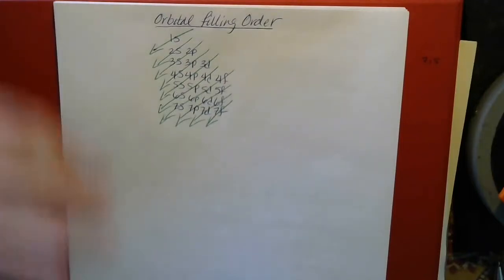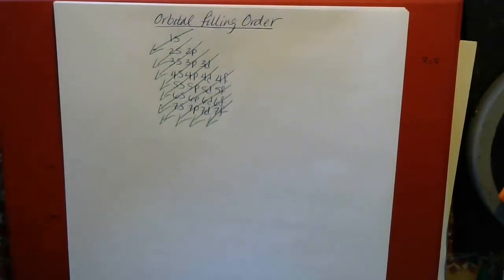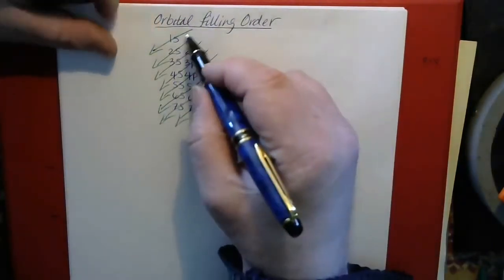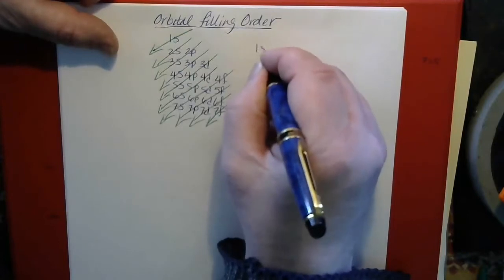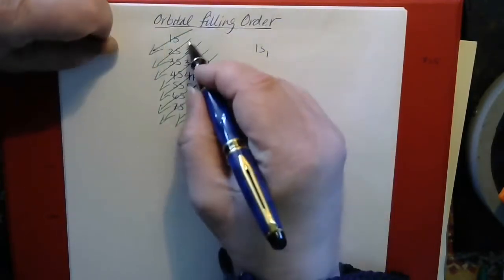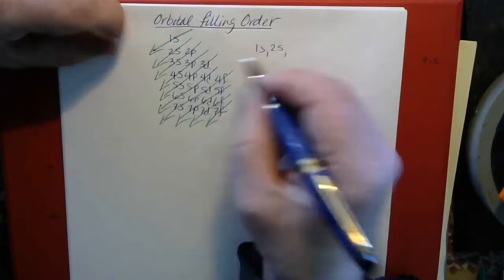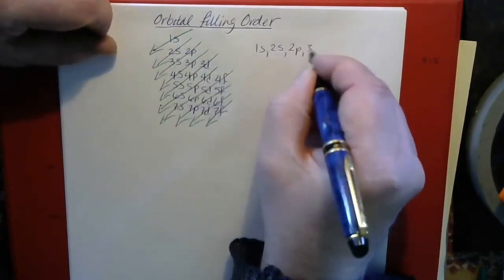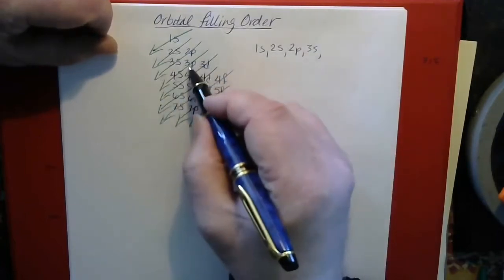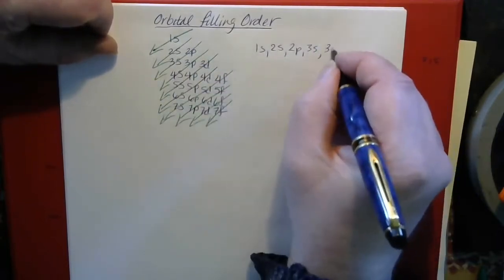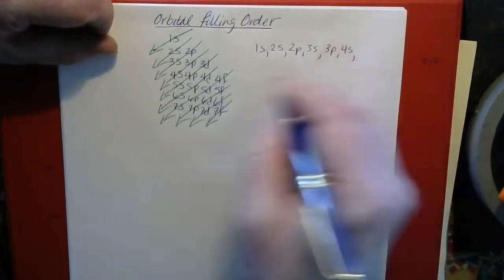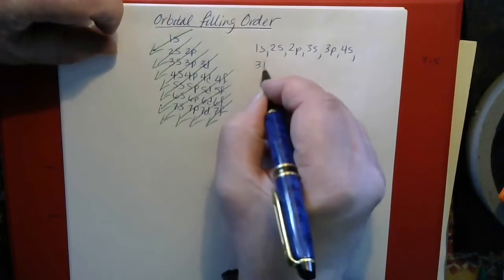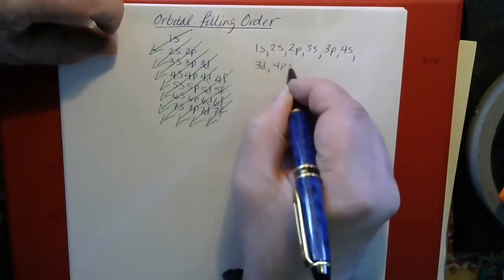And in fact, we'll do that right now and compare it to the order I just wrote on the previous page. So the first one you come to would be 1s. Then you would come to 2s. Then we come to 2p and then 3s. After 3s, we come to 3p and 4s. After 4s, we come to 3d, 4p, and 5s.